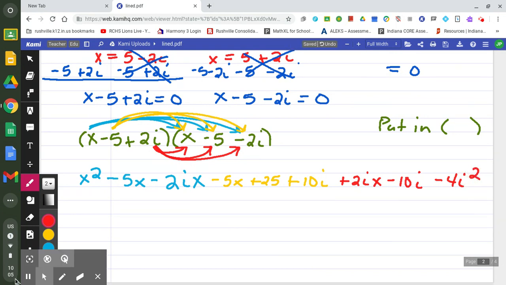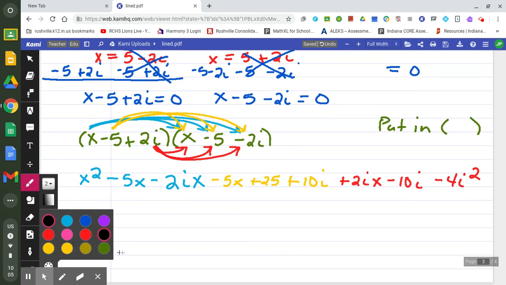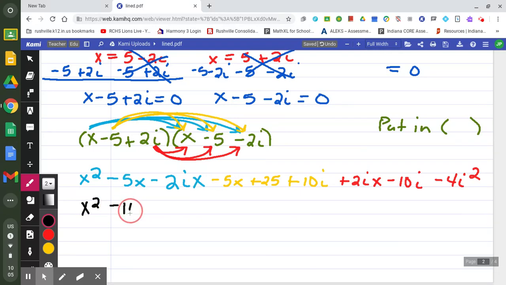So then I have to go through and start putting like terms together. So I only have one x squared term because the i squared is different from the x squared. So I've taken care of my x squared. Then I have negative 5x and a negative 5x, so those together are negative 10x. Then I have a negative 2ix and a positive 2ix, and those should always cancel.